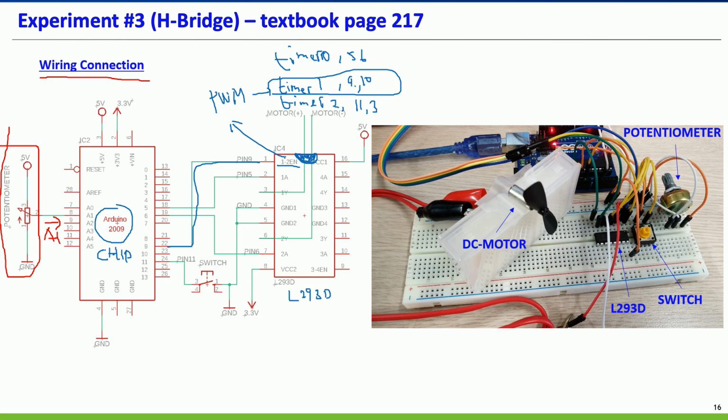Again, in the chip connection, this one is input 1, pin 2, and this one is input 2, pin 7. Pin 6 connects to pin 6.